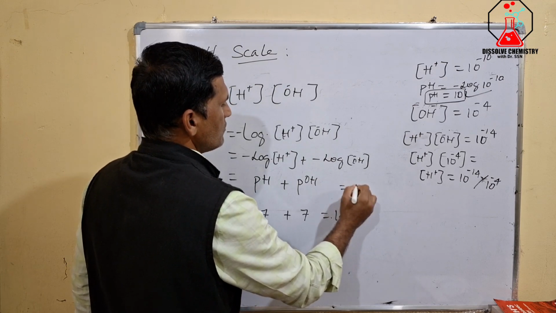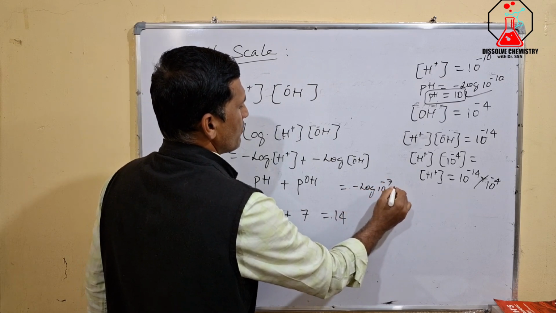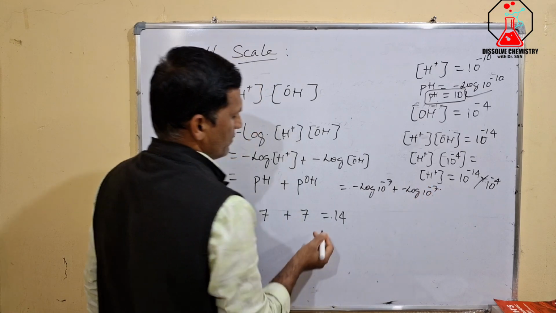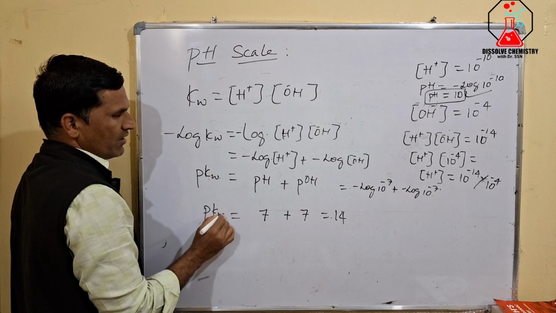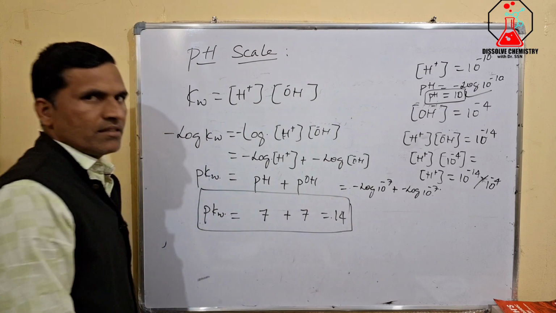Or we can write like this: minus log of 10 to the power minus 7 plus minus log of 10 to the power minus 7. So that turns out to be 7 plus 7. So your pKw value will be 14. So your scale is devised as 14.